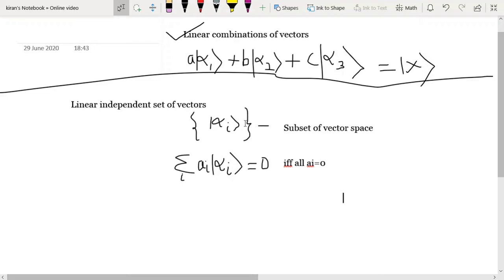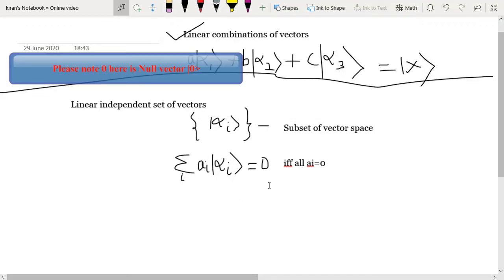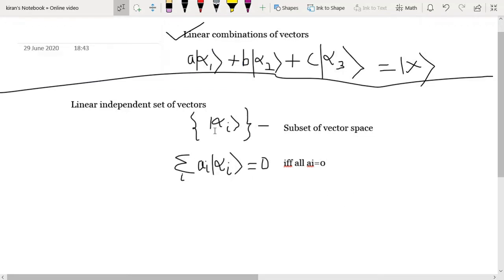So the linear combination of these vectors from this subset will be equal to 0 if and only if all the coefficients are equal to 0. What does that mean? It means that no vector from this subset can be represented as a linear combination of all other vectors. If it could, then without having a_i equal to 0, I could have this relation equal to 0.